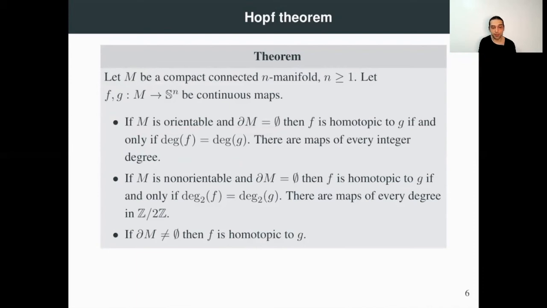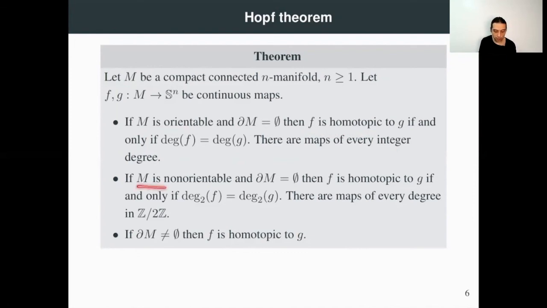M is a manifold without boundary. Then we have that F is homotopic to G if and only if the degree of these two maps is the same. And indeed, for every integer number, we have a map whose degree is exactly that number.